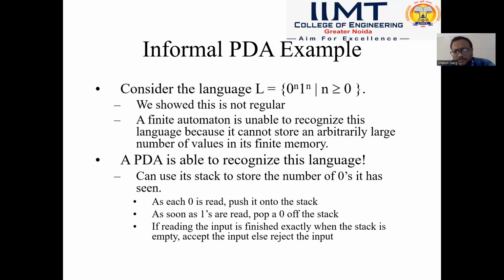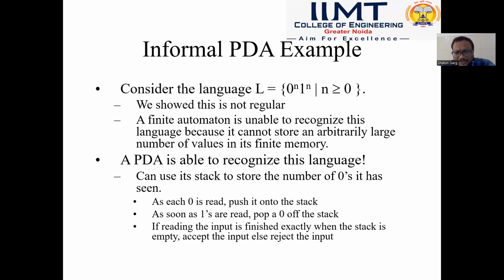Suppose we pushed 5 zeros, then we have to perform 5 pops. At the last pop, only one stack symbol Z0 will remain in the stack.